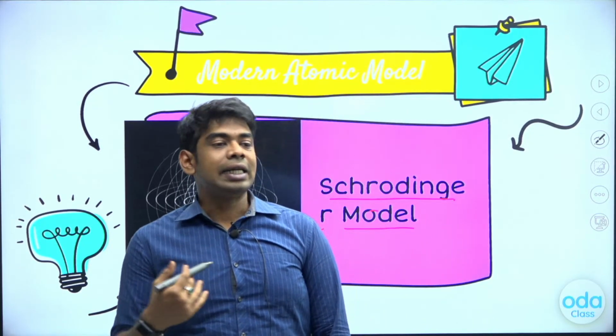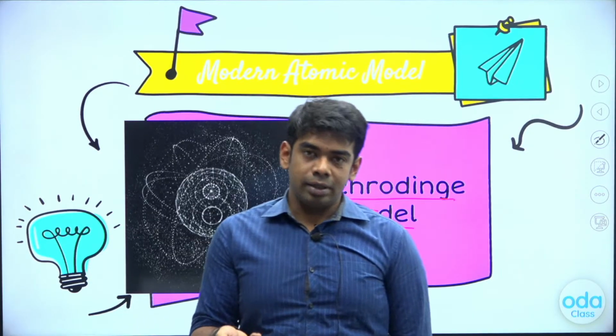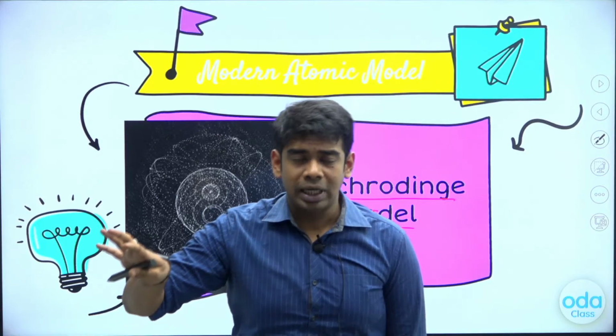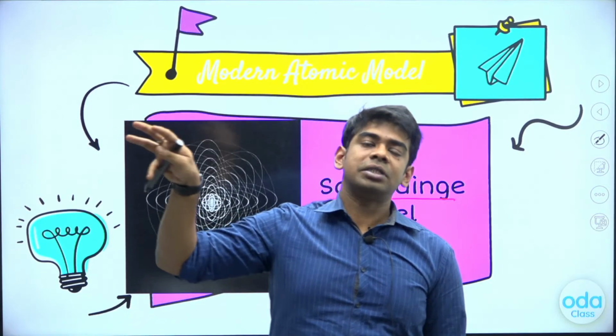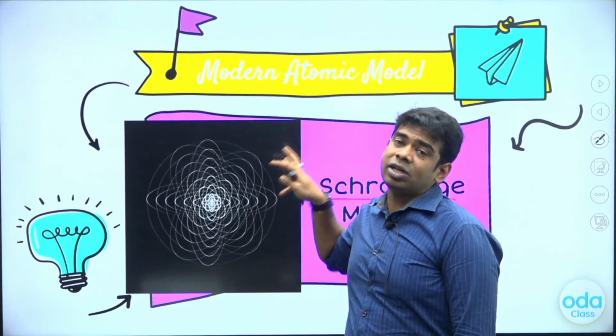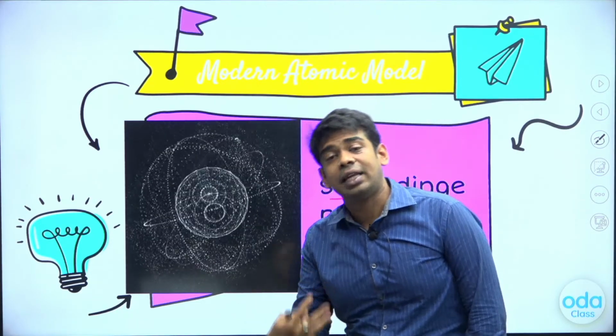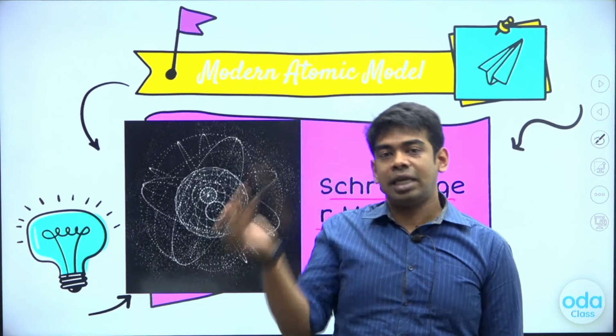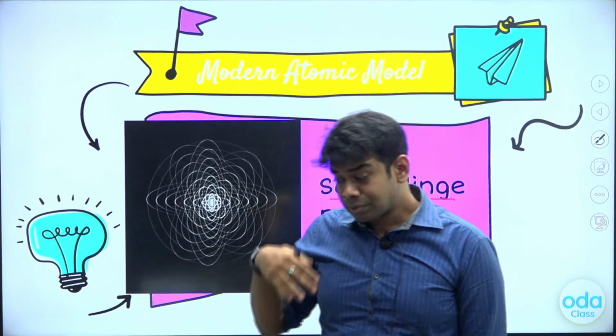He said that it is impossible to determine this, from Heisenberg's uncertainty principle. You don't need to know about that, but there is some principle. From that principle, he said that we cannot exactly point out where the electron will lie, but we can say where it can be found most probably. And that changed the game quite differently.